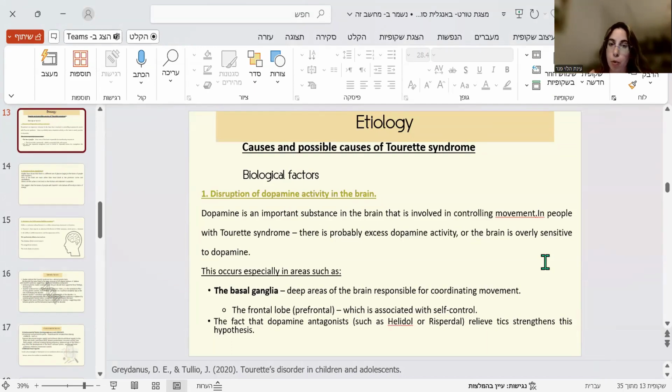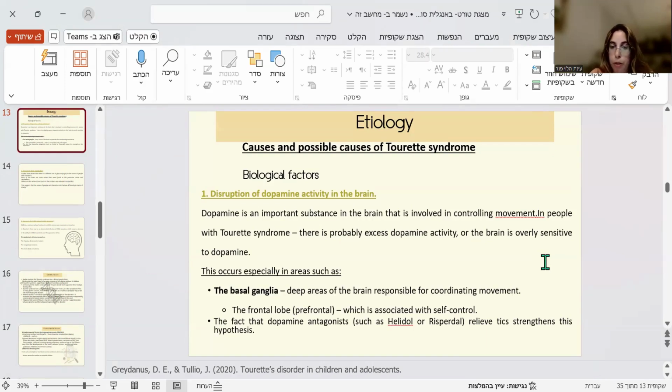In people with Tourette syndrome, there is probably excess dopamine activity, where the brain is overly sensitive to dopamine. This occurs especially in areas such as the basal ganglia, a deep area of the brain responsible for coordinating movement.